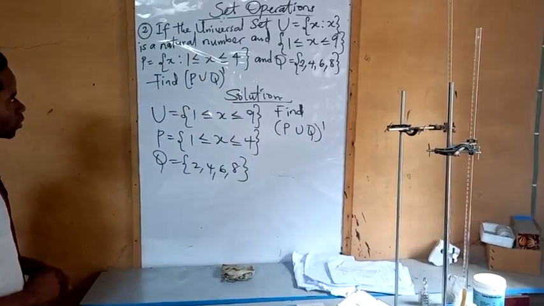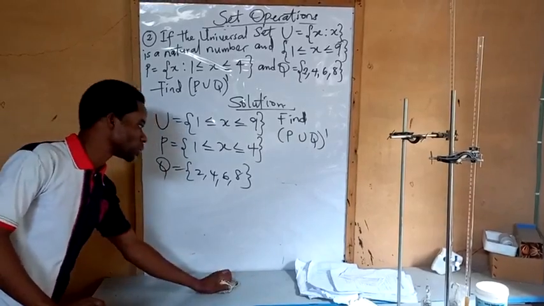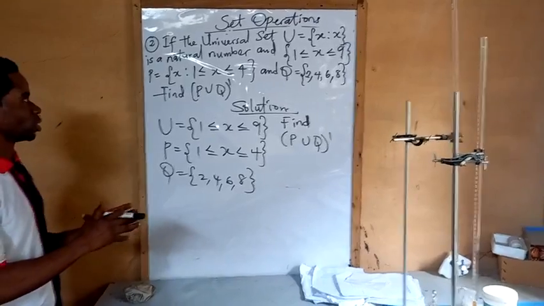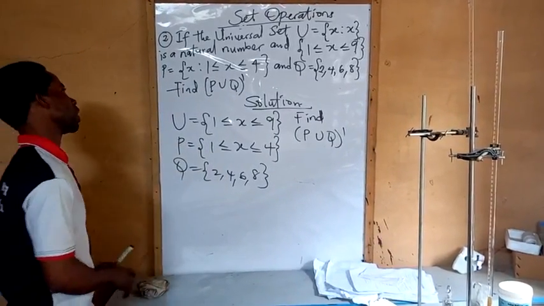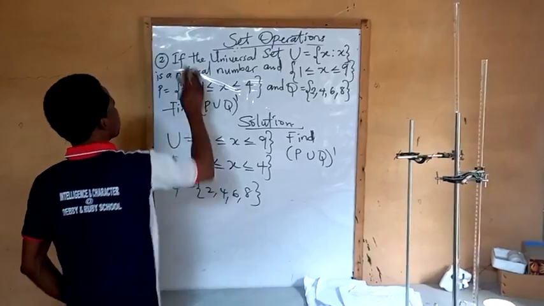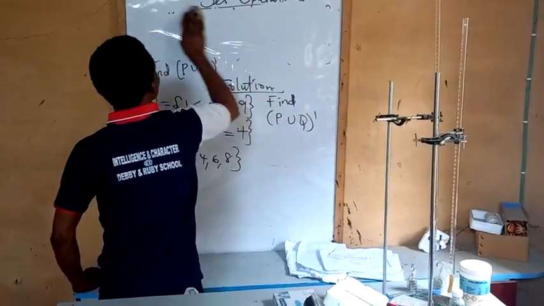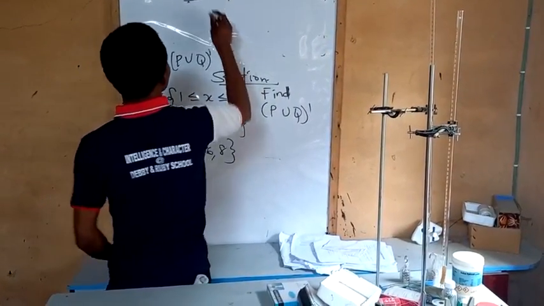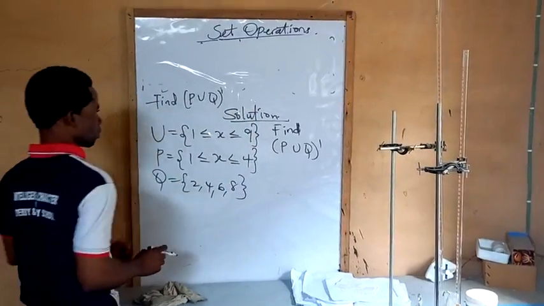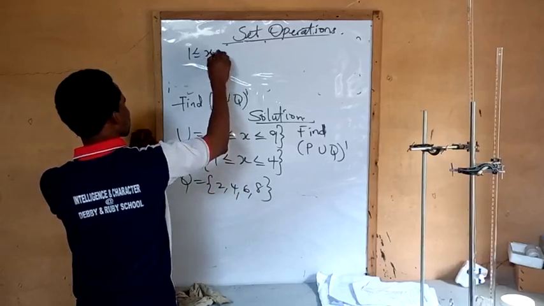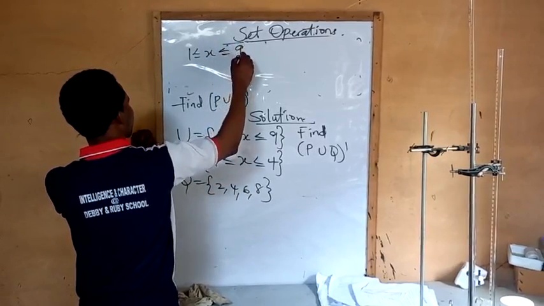Now we have to learn how to interpret this. We call it range. Now let's learn how to interpret this. You are given 1 less than or equals to x less than or equals to 9.